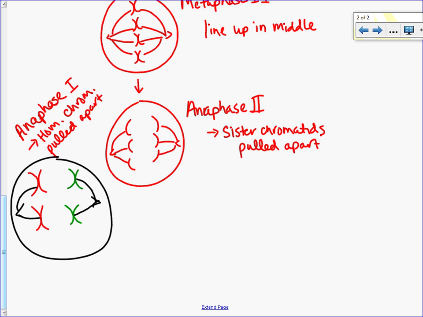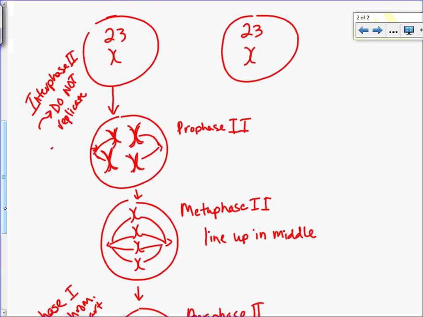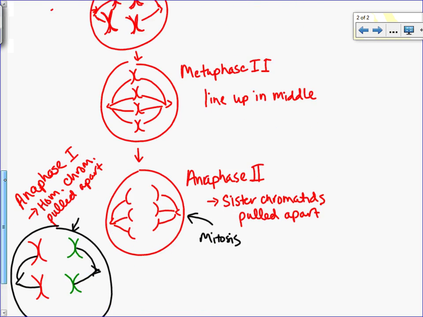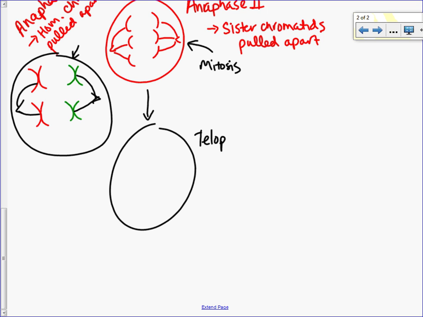So that was anaphase 1. This is anaphase 2, just like mitosis. All right, then we go into telophase. Again, the super easy thing about that is that it's just like telophase in mitosis. So we have telophase 2.